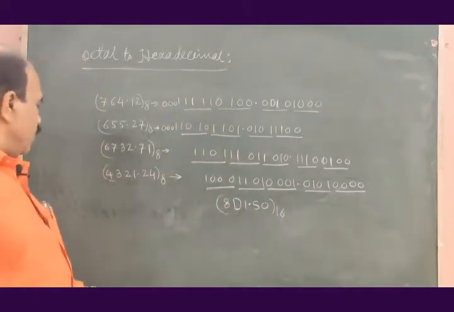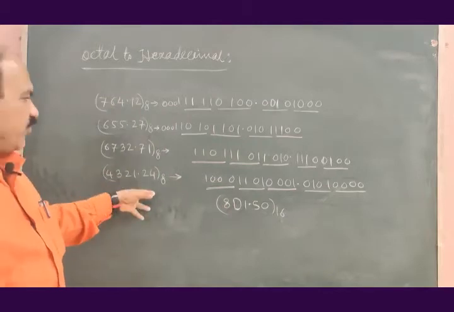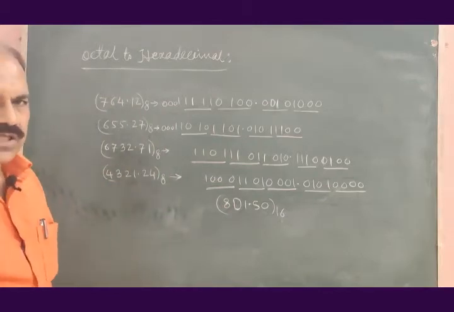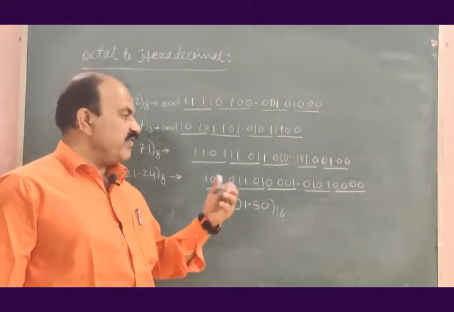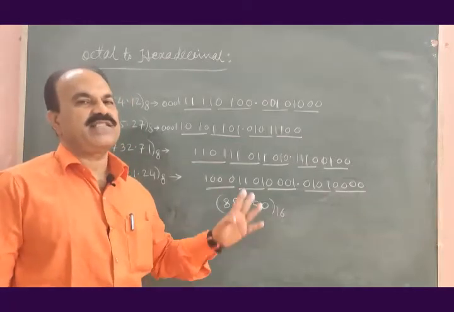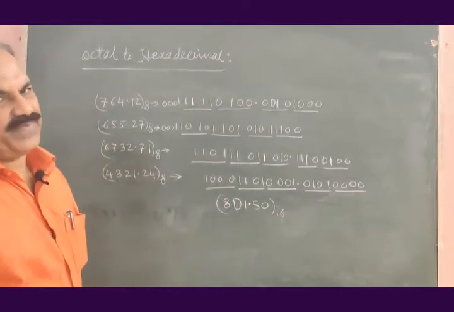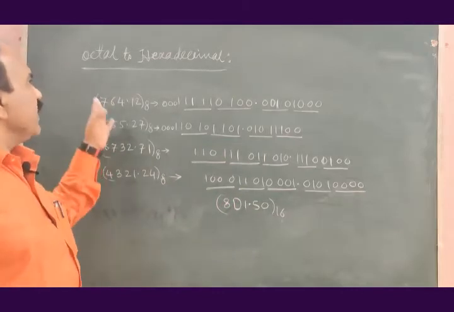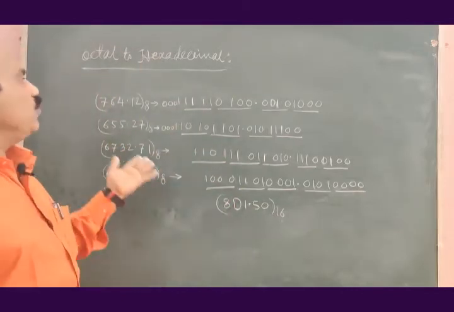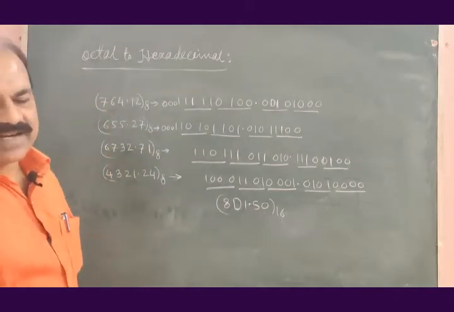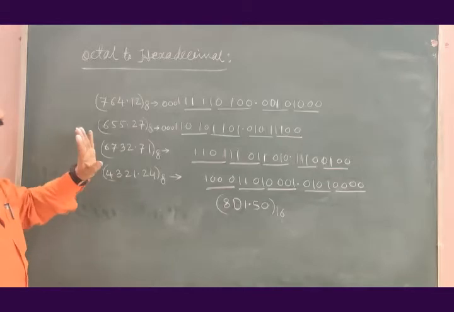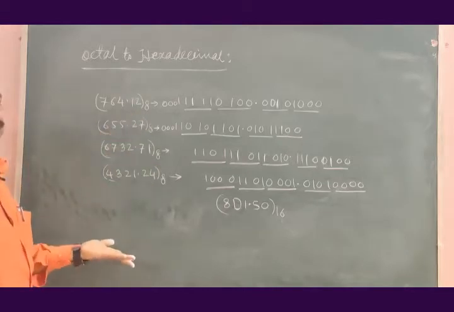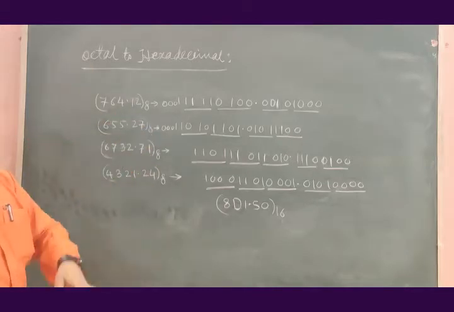So 4321.24 in the octal number system will be 8D1.50 in the hexadecimal number system. This way we can convert any octal number to the corresponding hexadecimal number. Hope you got it. Now let us do the reverse of this, hexadecimal to octal.